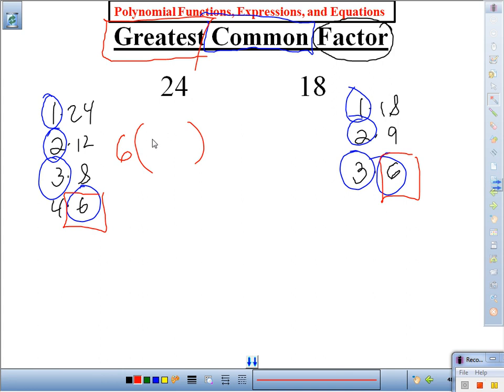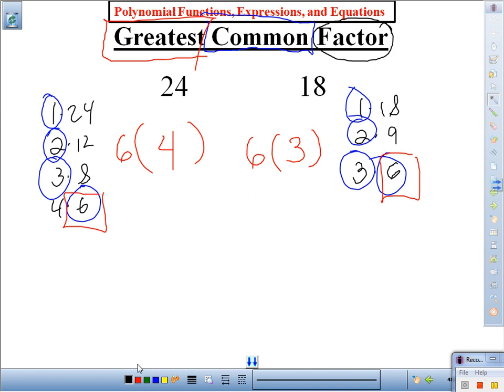To find the other factor, I'm going to do what? Factoring, also known as dividing. What is 24 divided by 6? 4. Let me use my GCF over here also. 18 divided by 6 is 3. So now these are my factors. That's how we use the greatest common factor, also known as GCF.